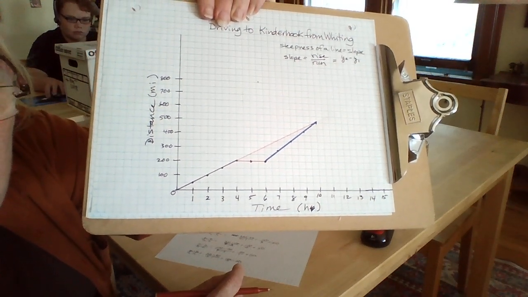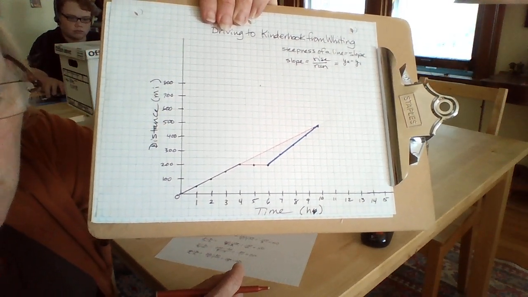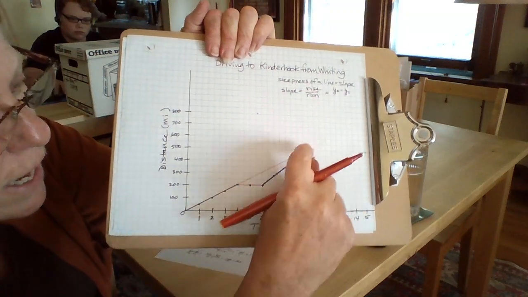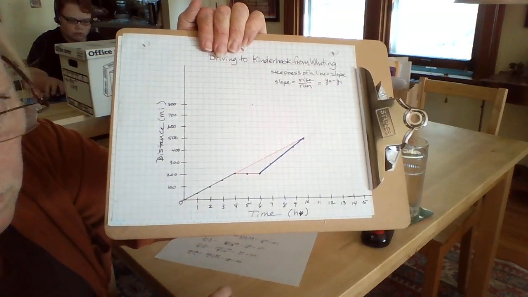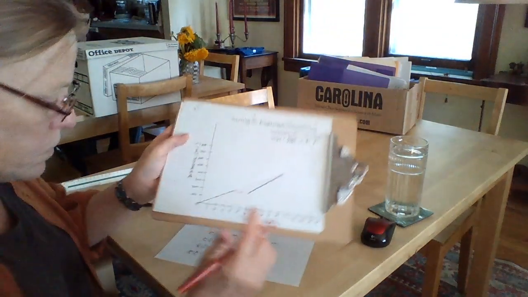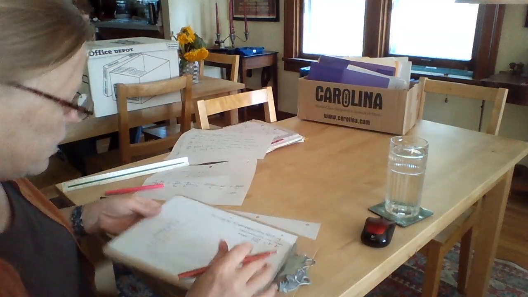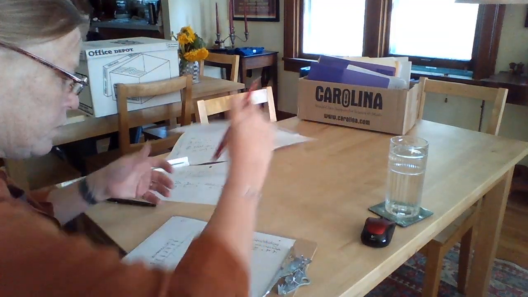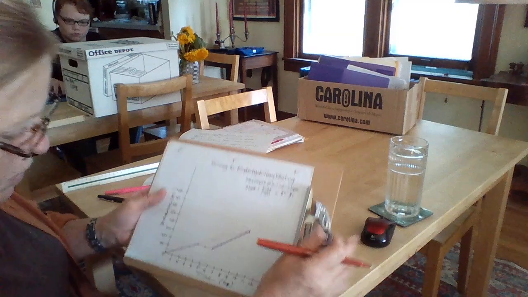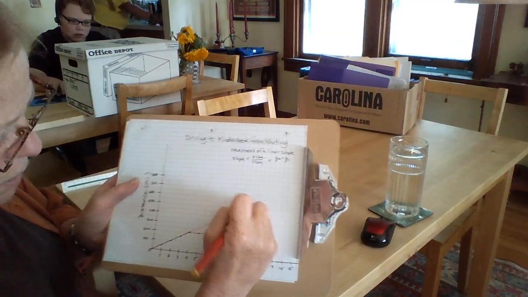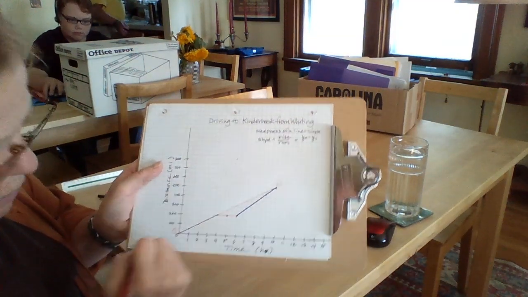We're going to find out something kind of interesting, aren't we? Let's calculate the slope of that line. Let's call this point 2, and we'll call this point 1.